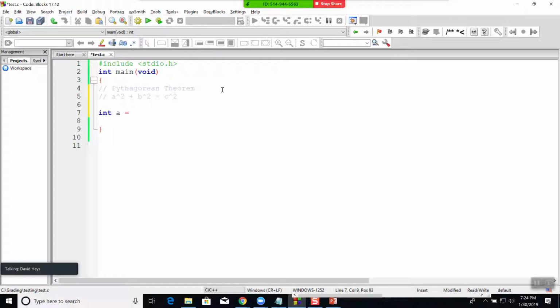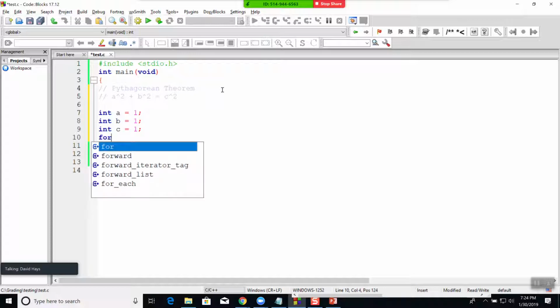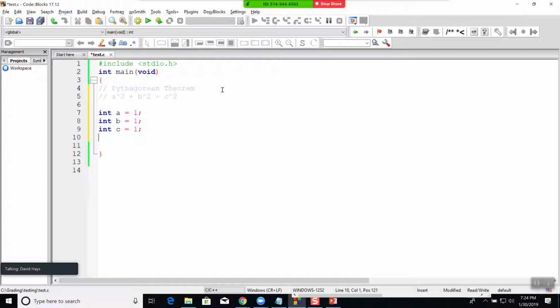But since I started, a is equal to 1, b is equal to 1, c is equal to 1. And I'm going to not use the for loop.